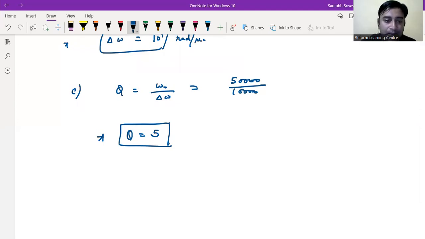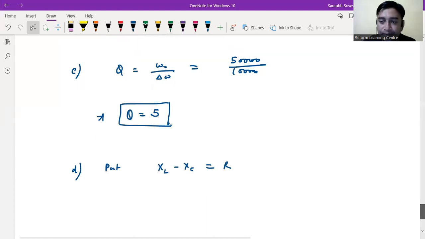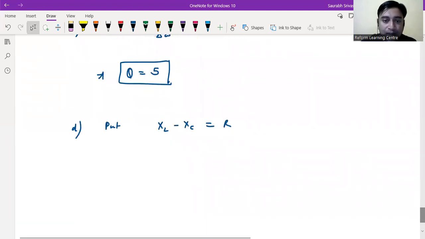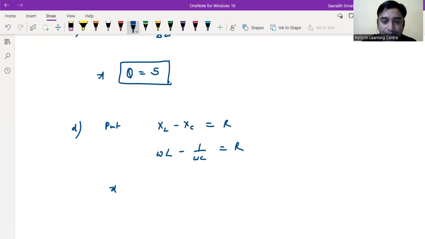Yeah. Now D. Omega 1 and omega 2. Put XL minus XC equal to R. This is omega L minus 1 upon omega C equal to R. आप इसका LCM लीजिए.